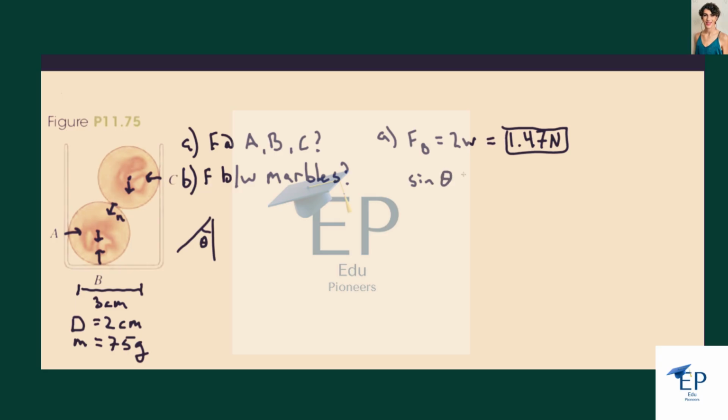The sine of theta is going to be r over 2r, because the opposite side here is going to be the radius, and the hypotenuse has to be 2r because it's 1 diameter. So the sine of theta is 1/2, which implies that theta is 30 degrees.